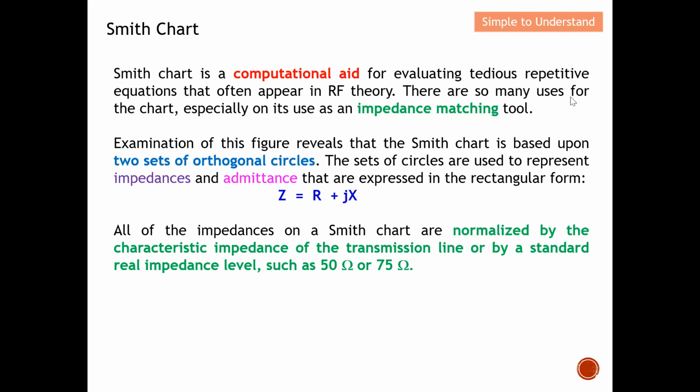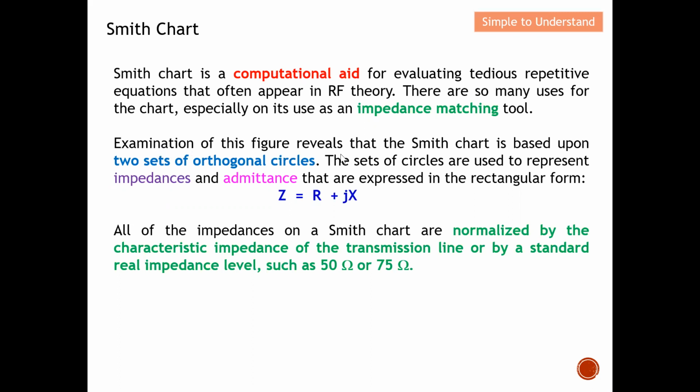There are so many uses for the chart, especially its use as an impedance matching tool. Later on, I will in fact be combining this Smith chart together with impedance matching, and how we can use the Smith chart to resolve impedance matching, by working out our solution through the Smith chart.